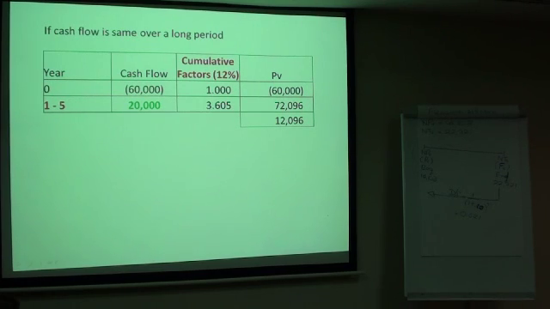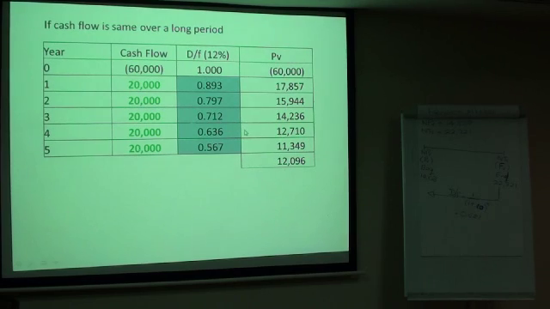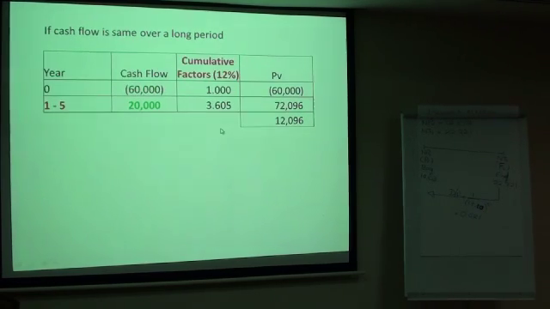Number one, we either go to the net and take it, or we take the discounting factors, 1, 2, 3, 4, 5, and add them. The cash flow should be the same, right? Yes, absolutely. For that to happen, the cash flow should be the same. See, same cash flow.